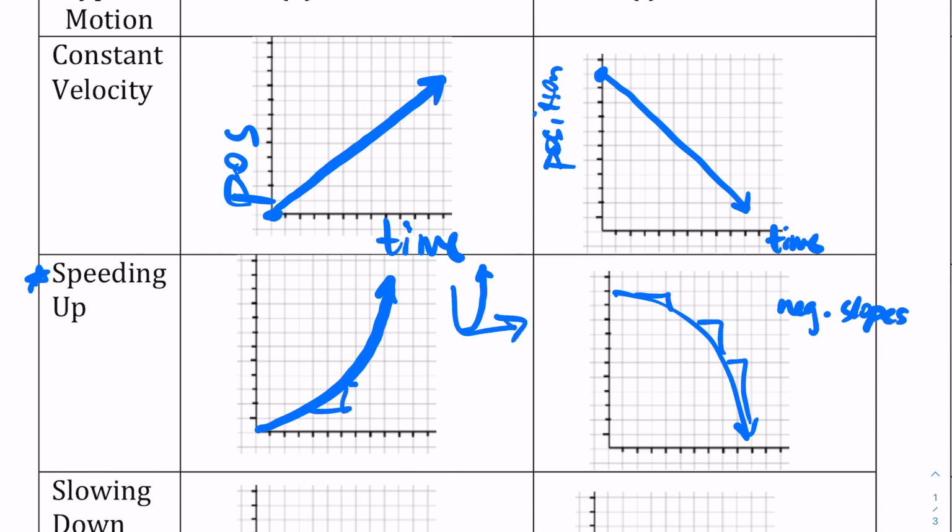These over here are positive slopes. So speeding up in the positive direction or speeding up in the negative direction, either way, the slope is increasing. It's just that in one, it's increasing in the positive direction over here, and in the other, it's increasing in the negative direction over here.